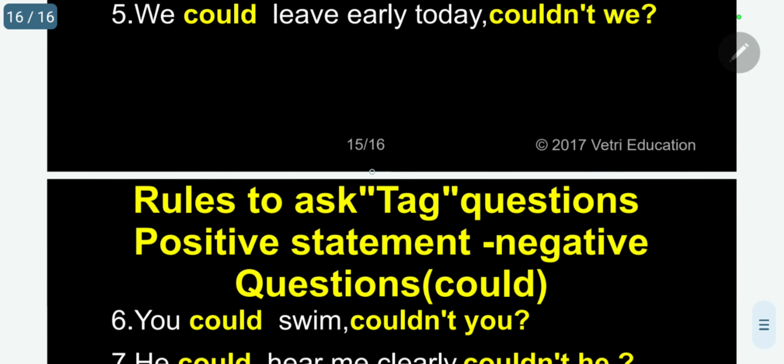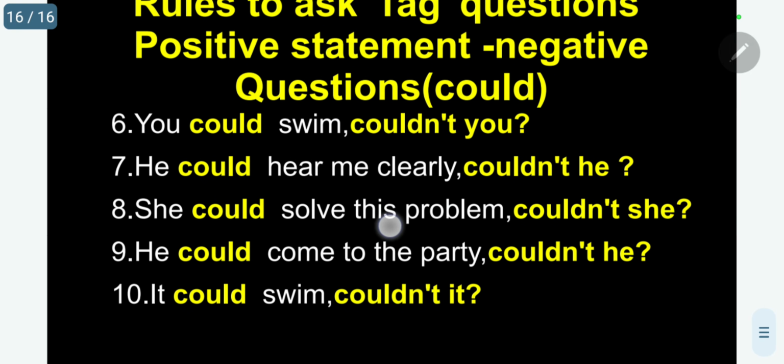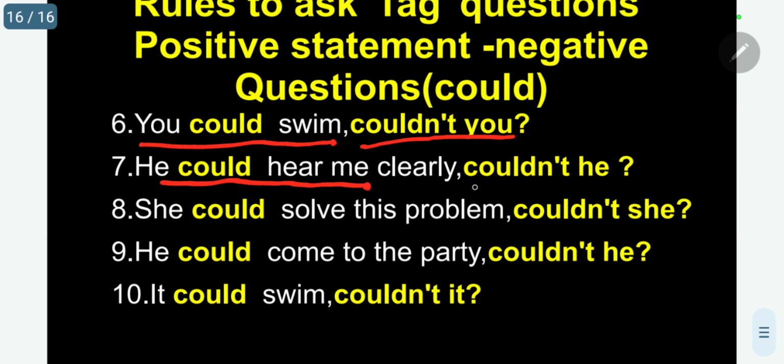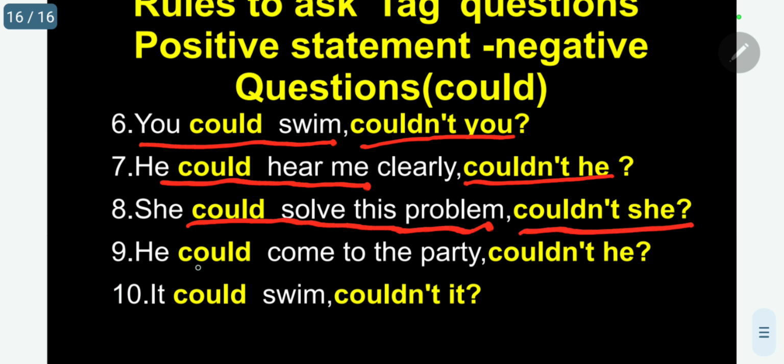Next sentence. You could swim. Couldn't you? He could hear me clearly. Couldn't he? She could solve this problem. Couldn't she? He could come to the party. Couldn't he?